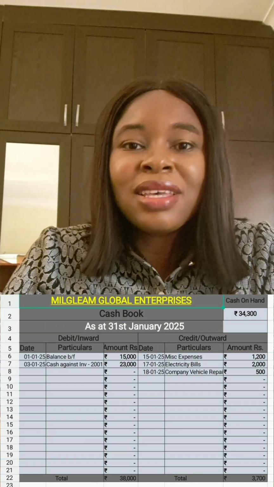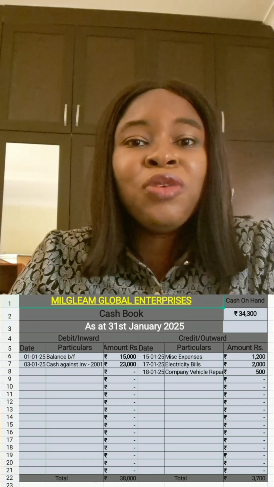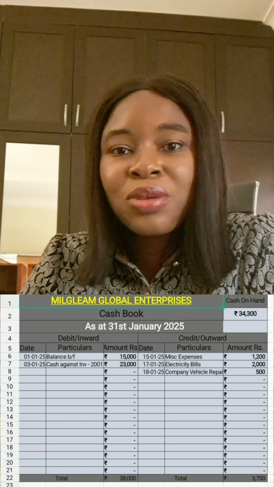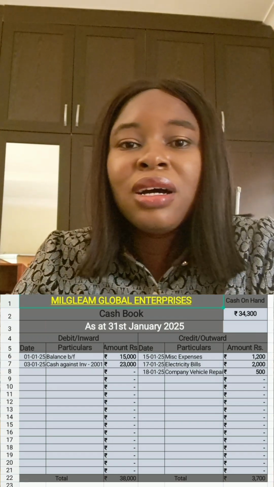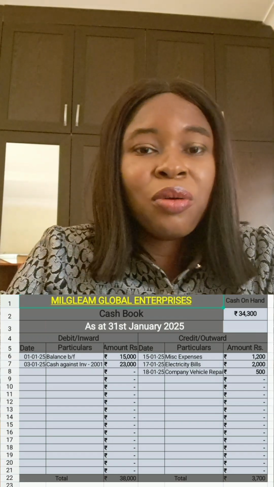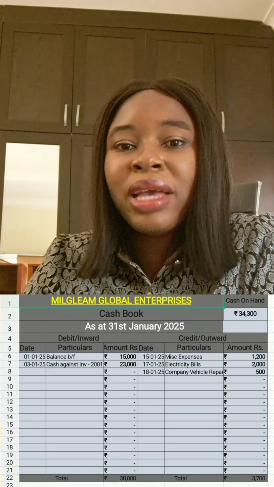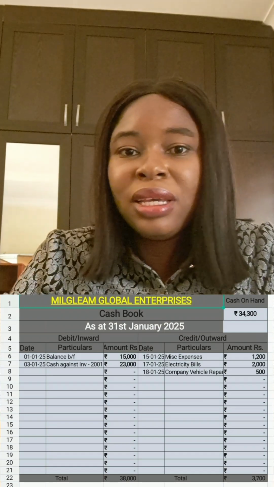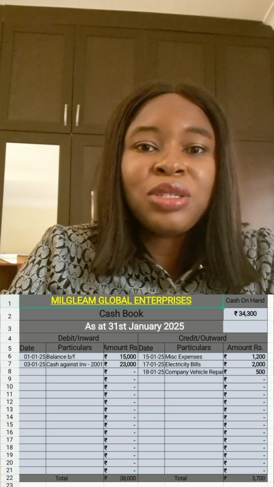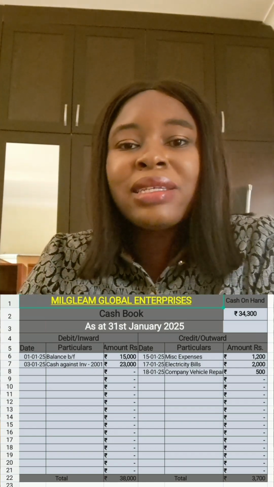For a business, when you receive cash from your customers, it is recorded in your cash book as an income. And when you make some expenses and pay immediately, it's also recorded in your cash book as an outflow.